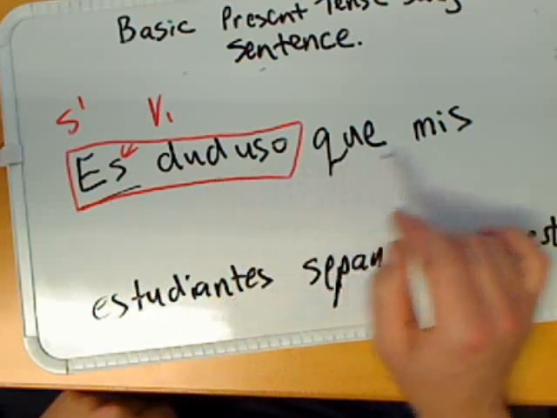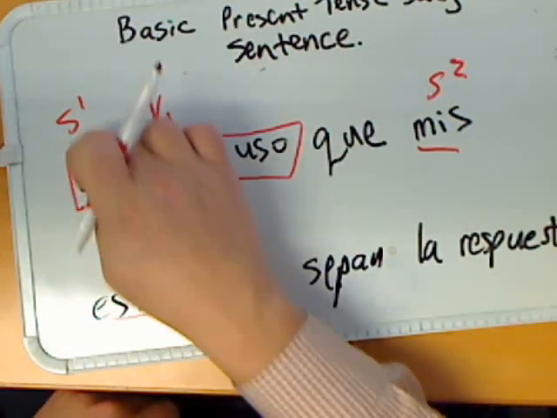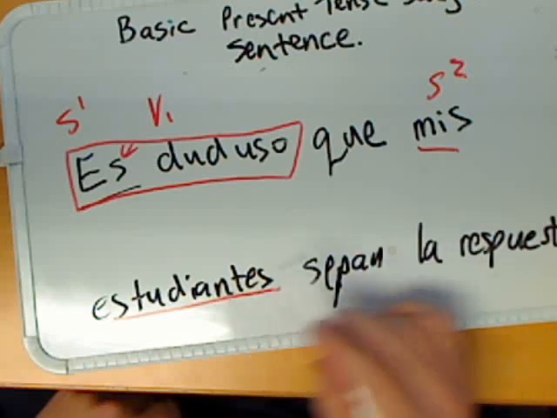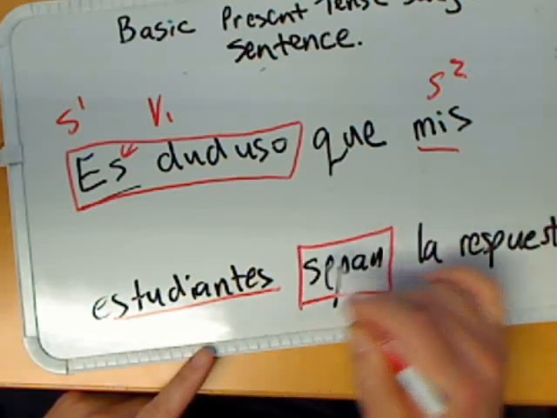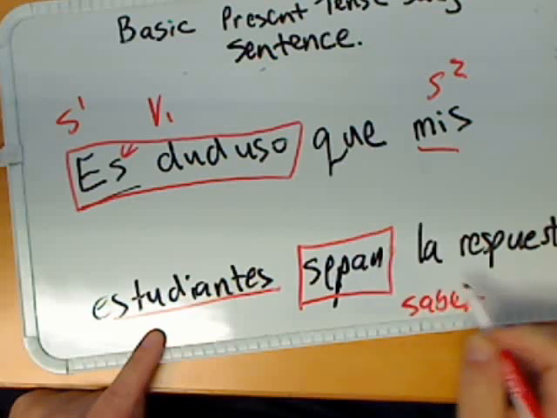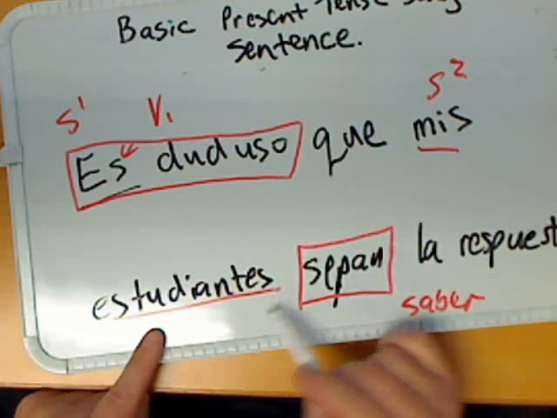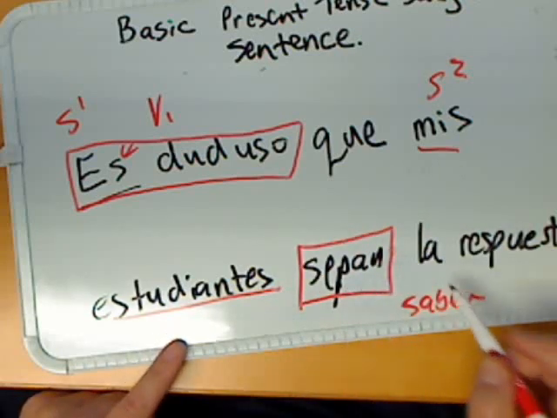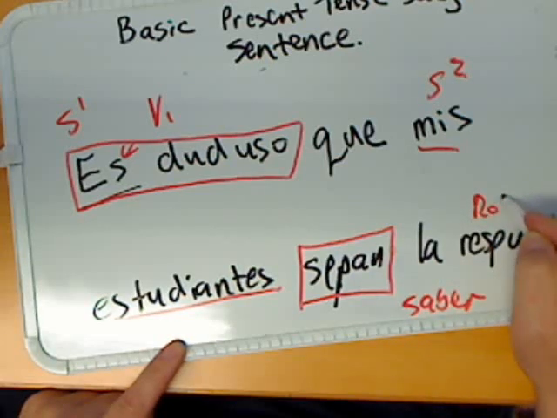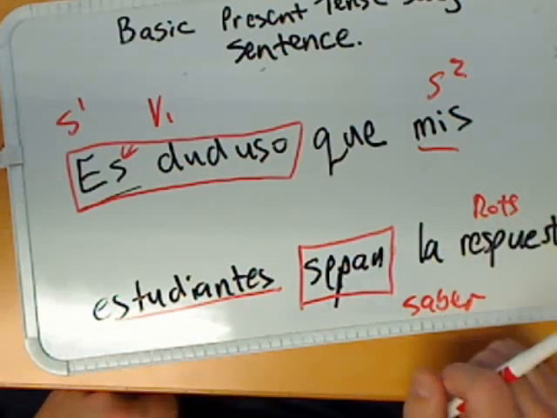So es dudoso que mis estudiantes, and mis estudiantes is your subject 2. Again, you have got to have two different subjects. Here's your second verb agreeing with estudiantes. It is the verb saber conjugated into the present tense subjunctive: it is doubtful that my students know, que sepan, la respuesta, the answer. And this would be your ROTS, the rest of the sentence, the object.